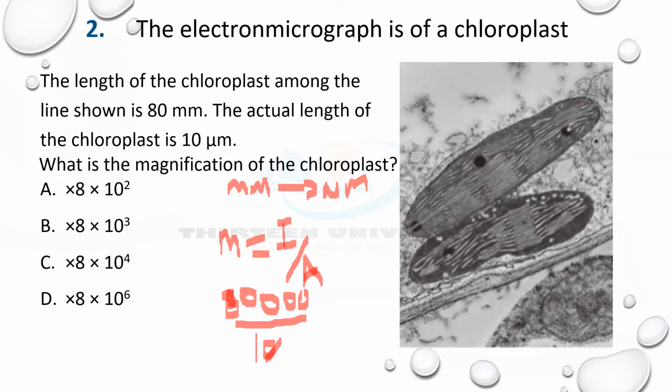When you cancel, we have 8,000. 8,000 in standard form is 8 times 10 raised to power 3. So the answer is B.